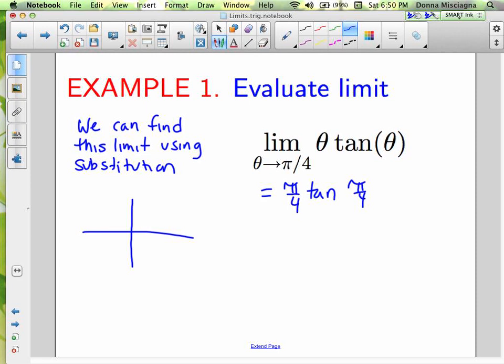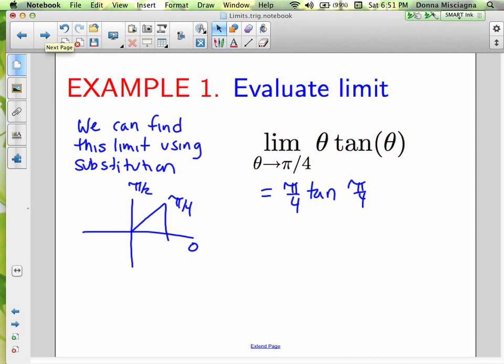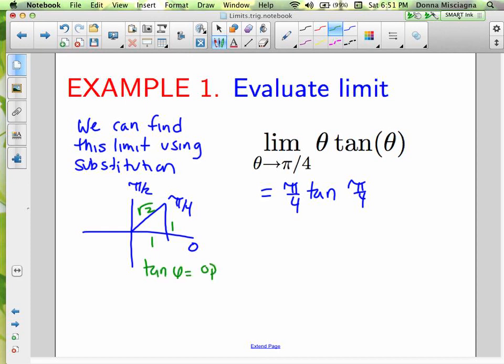Let's draw a reference triangle. Pi fourths is going to be halfway between 0 and pi halves. Pi fourths, remember, is the same as 45 degrees. It's a fourth, right, of 180 degrees. And this is the 1, 1, square root of 2 special right triangle. So tangent, as a little reminder, uses opposite over adjacent.